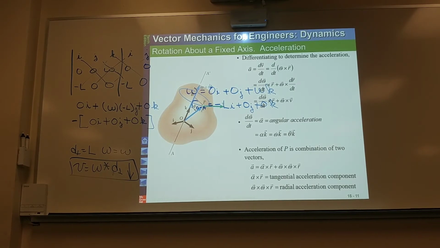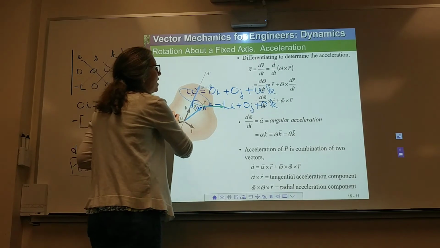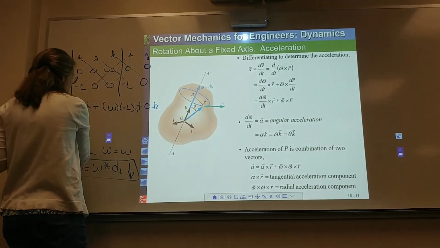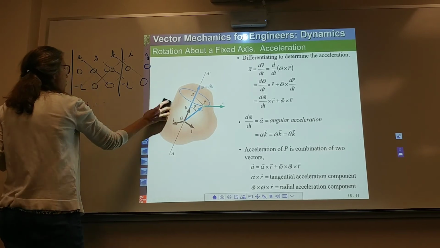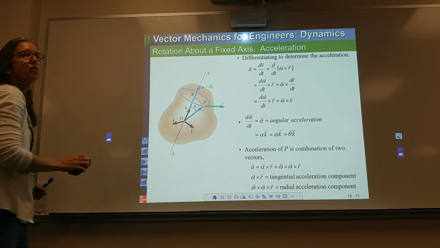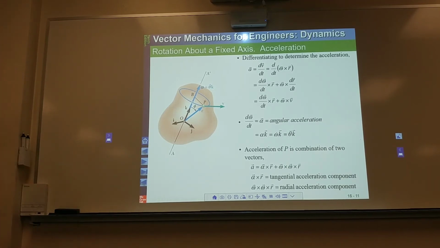So this slide just derives the relationships that I put over here on this sideboard. Just kind of a note here is that when we're working with two-dimensional motion, then the angular things are typically going to have k components because they're going to be spinning the z-axis.